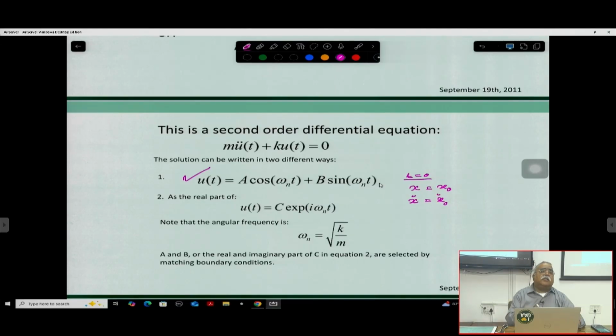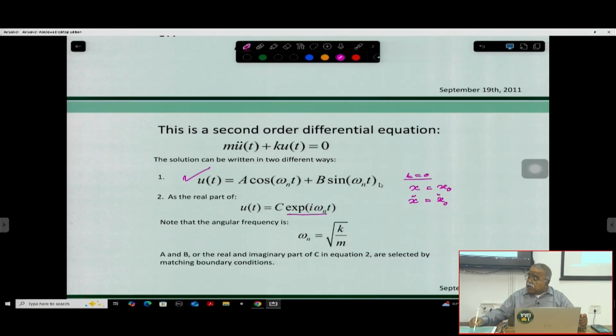So the initial velocity and initial displacement will be used to calculate A and B. Or you can write it in complex form as C e to the power i omega n t.